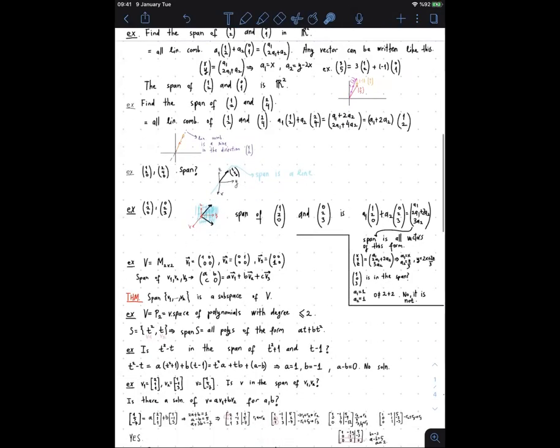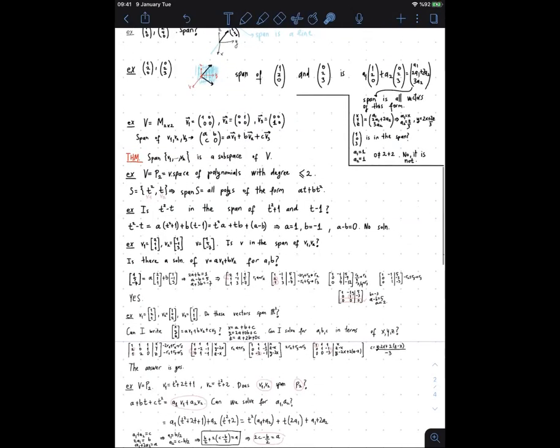These are just reminders from what we did yesterday. We then considered different vector spaces, like the vector space of polynomials. The span of these two polynomials is all the polynomials of the form a constant times t plus a constant times t squared.